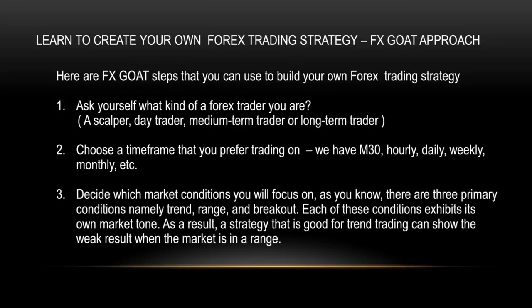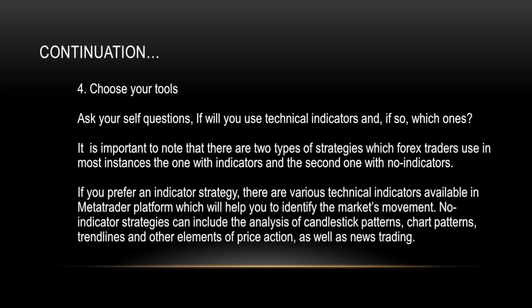As you know, there are 3 primary conditions in the market, namely a trend, a range, and a breakout. Each of these conditions exhibits its own market tone. As a result, a strategy that is good for trend trading can show weak results when the market is in a range. That really makes sense.